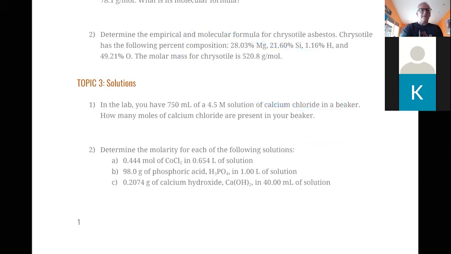So number 3 here. What was the answer we got for number of moles of calcium chloride? I got 3.4.